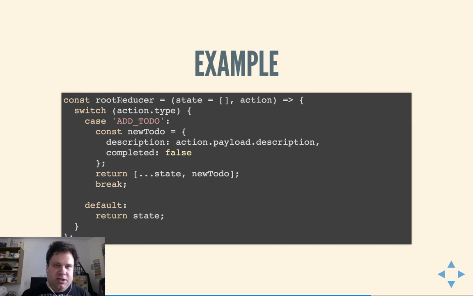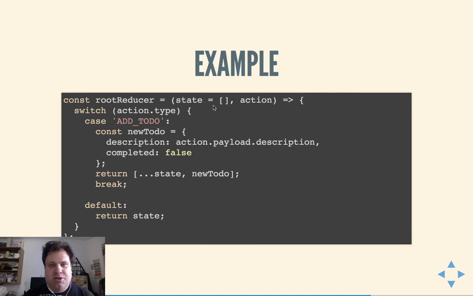Here is how a reducer is typically presented in Redux. It receives two arguments as we discussed: the current state of the application and the action that represents a state transition. Note here that we use ES6 default arguments to initialize the state of the application.